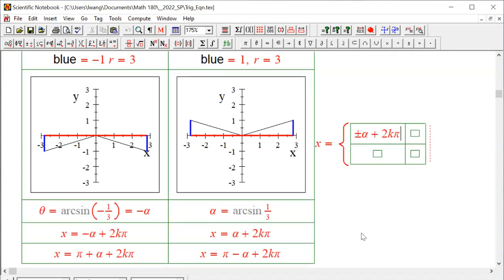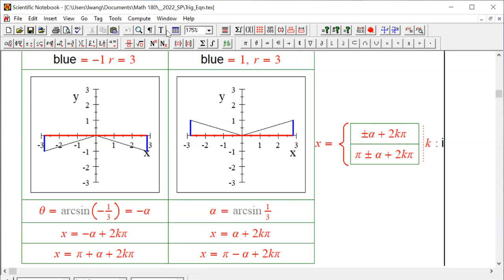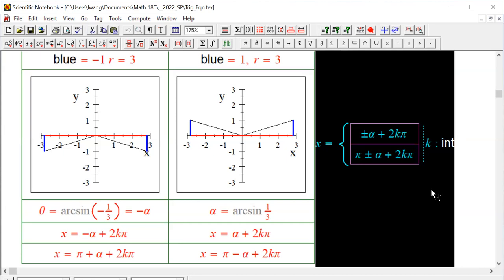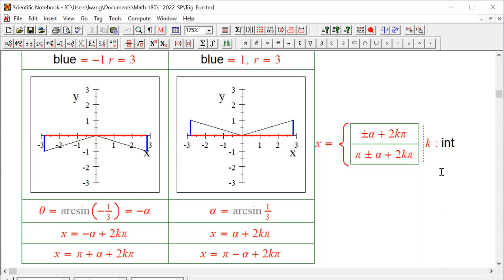And over here in the second form is pi plus or minus alpha. So these two forms, we don't need that. And k, of course, are integers. So in the end, we can combine our solutions into this final form, which will cover all of the solutions.